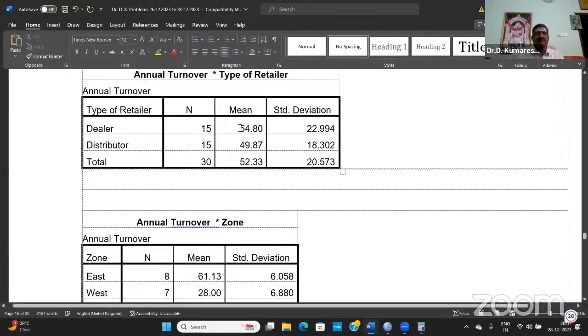See, the mean turnover of dealers, 54.8 lakhs. Distributors, 49.87 lakhs.